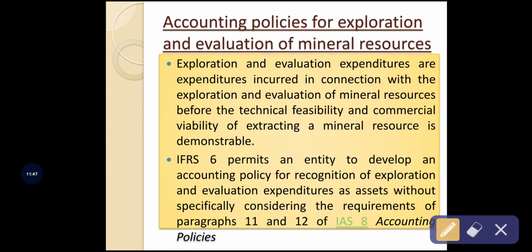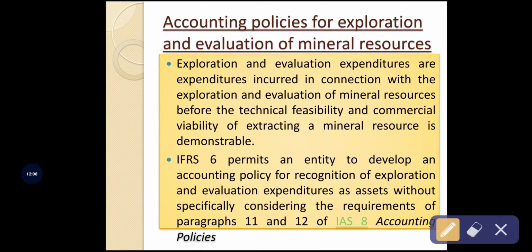The second one: IFRS 6 permits an entity to develop an accounting policy for recognition of exploration and evaluation expenditure as an asset, without specifically considering the requirements of paragraphs 11 and 12 of International Accounting Standard 8.